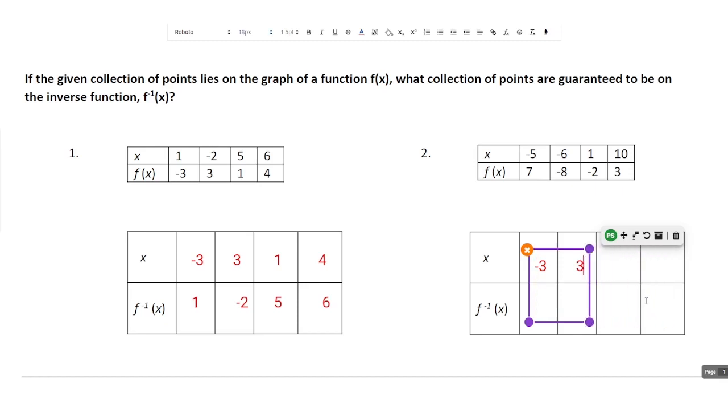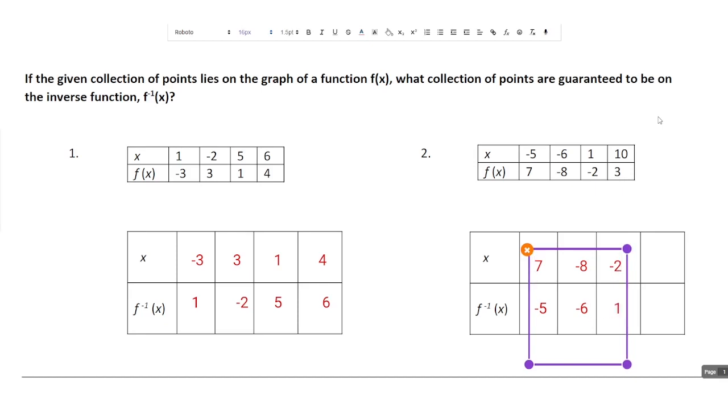So if (-5, 7) is a point on the original function, then (7, -5) is going to be on the inverse. Similarly, if (-6, -8) is on the original function, then (-8, -6) is on the inverse function. (1, -2) on the original means (-2, 1) is on the inverse.